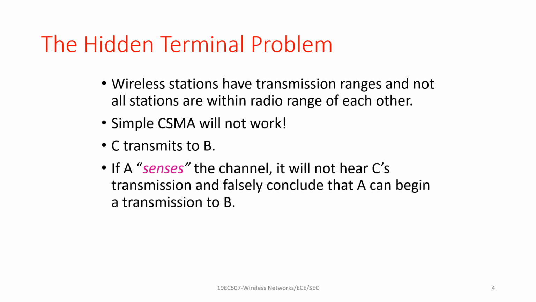A will falsely assume that there is no transmission to B, so it transmits its data from A to B. This kind of problem, where A falsely concludes and begins its transmission to B, is known as the hidden terminal problem. Here C is the terminal which is hidden from A's range.